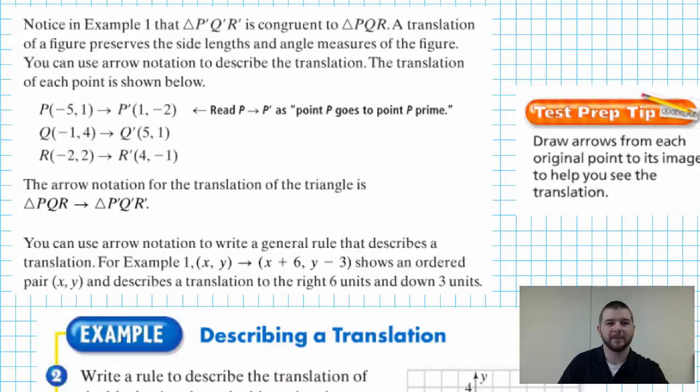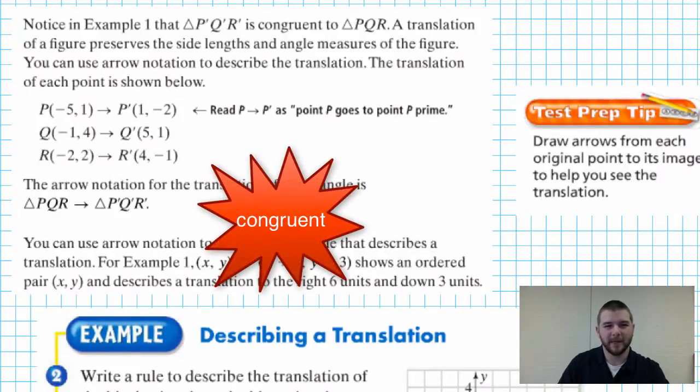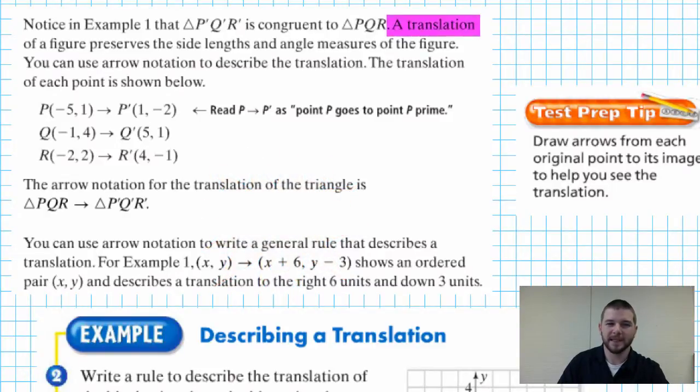You may have noticed in example 1, and if you recall example 1, we had triangle PQR, and it was translated to the right and downward to form a congruent triangle that we named P prime, Q prime, R prime. A translation of a figure preserves the side lengths and angle measures of the figure. You can use arrow notation to describe the translation.